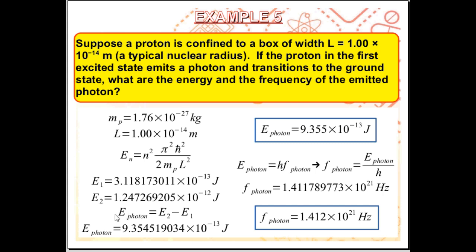Knowing E1 and E2, we are able to calculate the energy of the photon, 9.355 times 10 to the negative 13 joules. The energy of a photon is given by the following equation, E equals hf. Knowing the energy of the photon, simply divide it by h. We are able to get the frequency of the emitted photon, 1.412 times 10 to the 21 hertz.